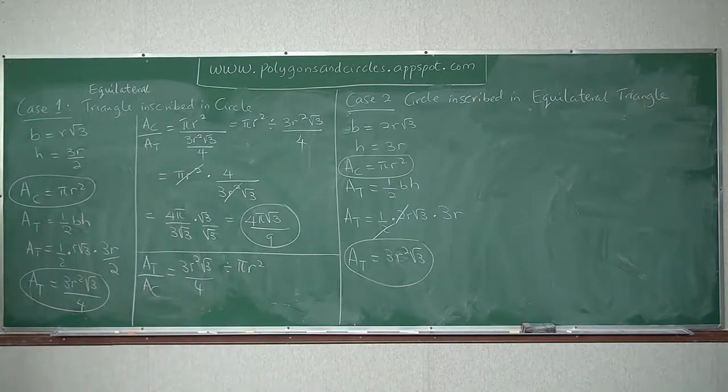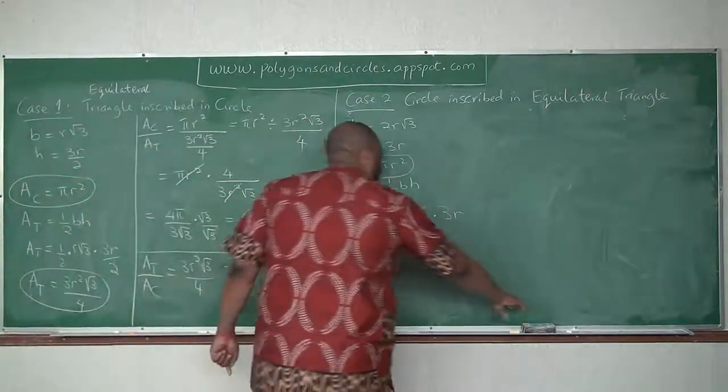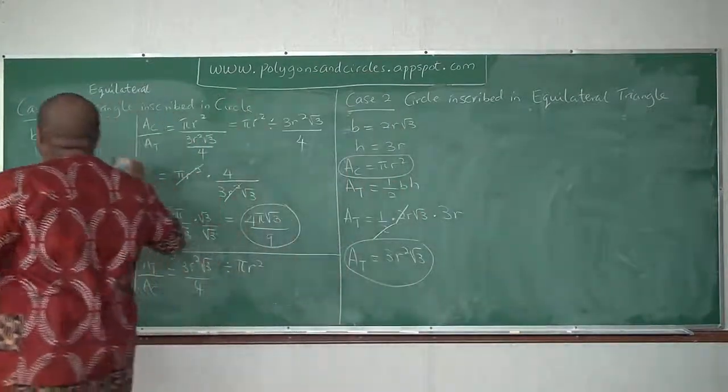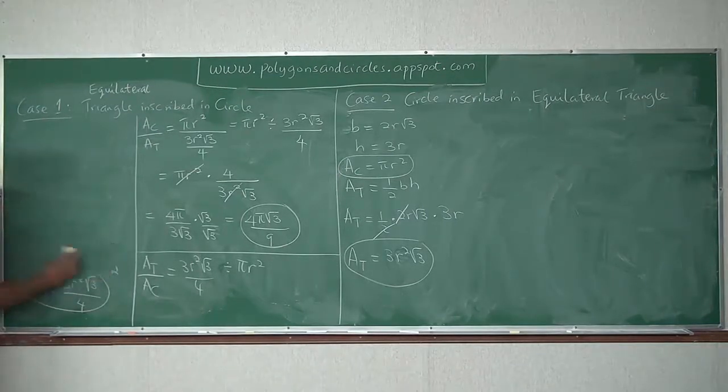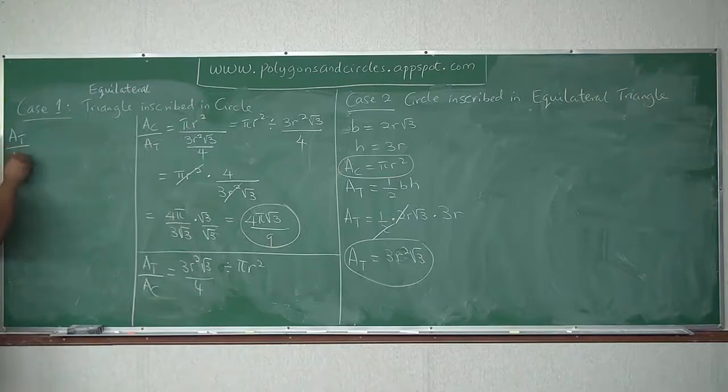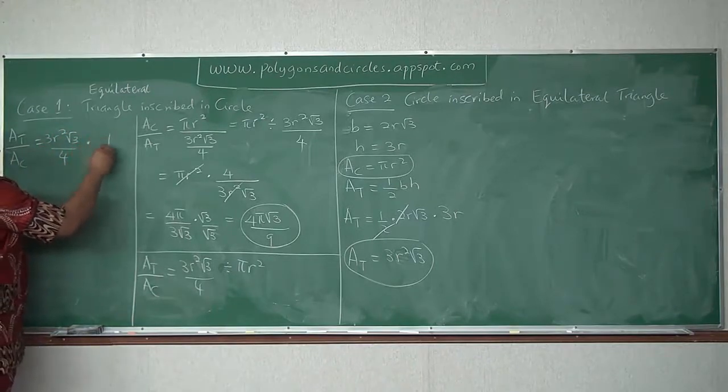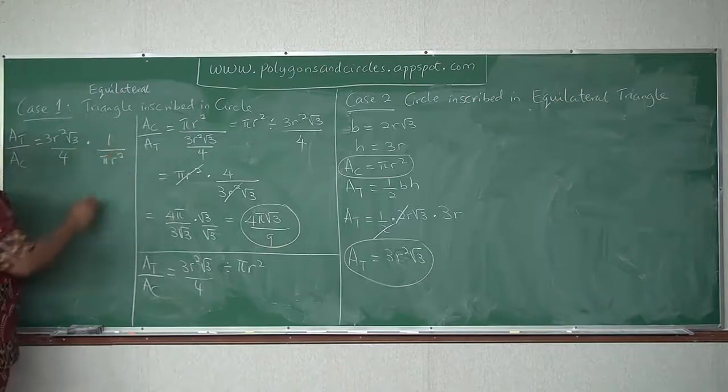Okay? So if we finish it here, this will give us the area of the triangle over the area of the circle, which would be 3r squared root 3 over 4 times 1 over pi r squared.